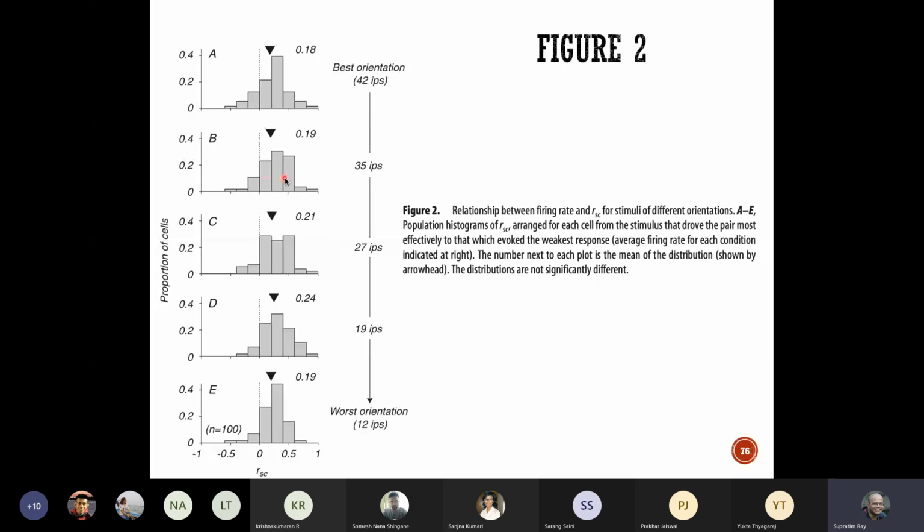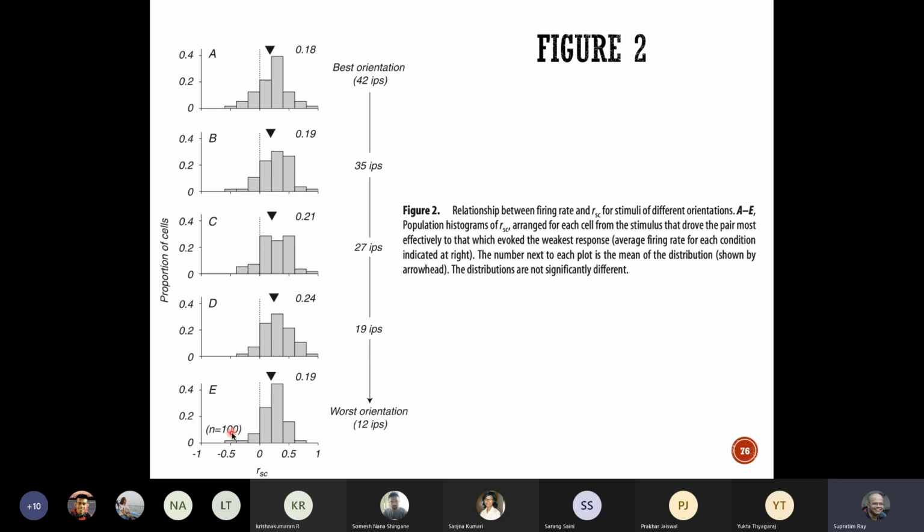This is the summary. If you look at the best orientation, the average over the population, the average spike count correlation is about 0.2. And it doesn't really change. It's about 0.2 even for the worst orientation. This is the average of about 100 pairs of neurons.